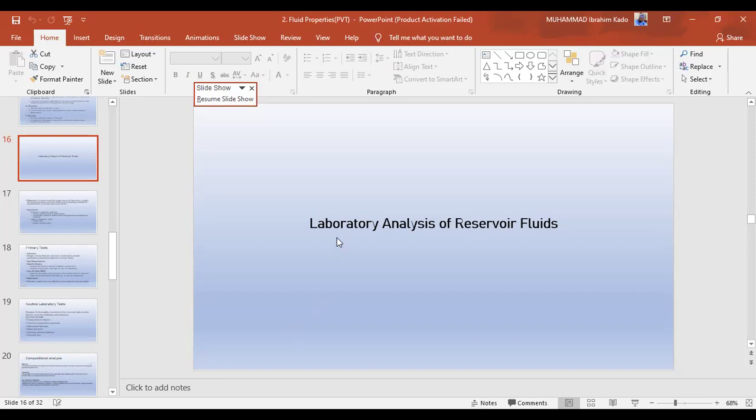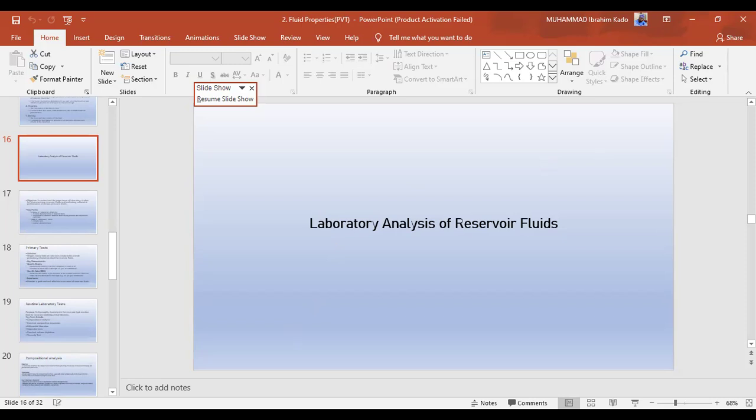Thank you for that effort. That's a nice one. We have the composition analysis, which is the first thing done in the lab to determine the composition of the fluid, including the hydrocarbons and impurities. You want to know the constituents within the fluid sample.